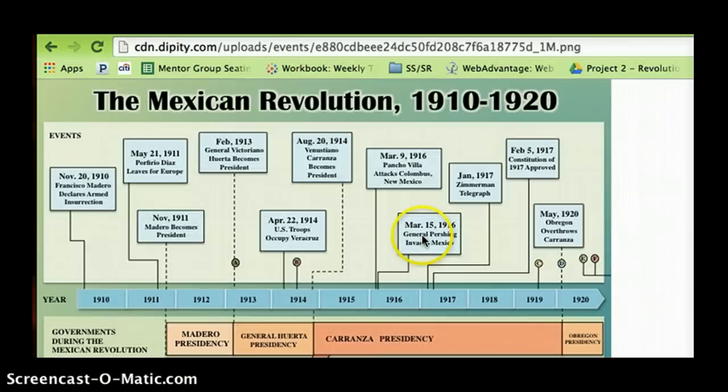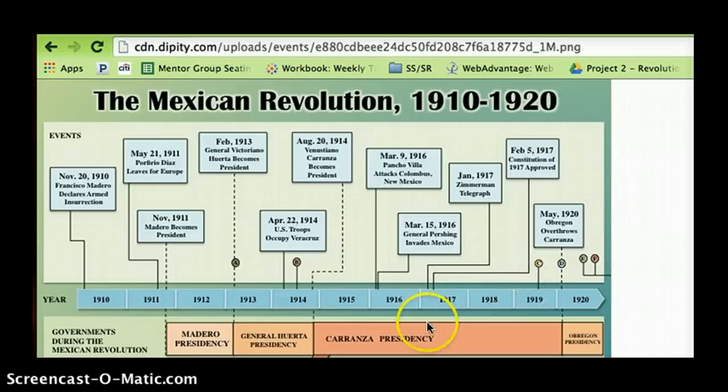So let's see. You can look at a timeline. I'm looking at a timeline right here. 1917, the Constitution is towards the end of the revolution. Right before that, Pancho Villa had attacked the country. So you can see how the timeline helps you understand what was going on at the time.